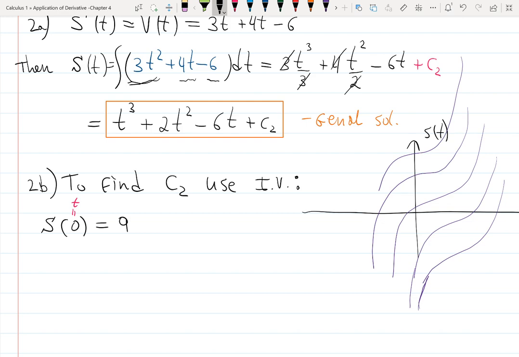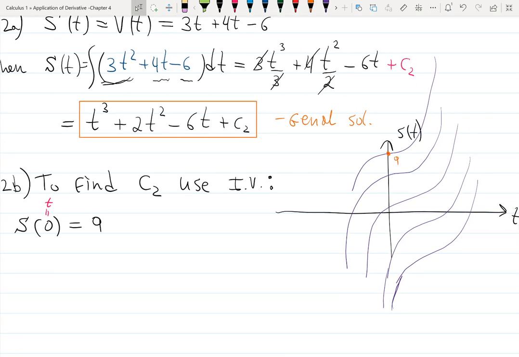That's the idea. So I can try to locate this point on my graph. At 0, I have a point, say it's over here, 9. So that's at t equals 0. The height is 9. That's how I know that this is the function I need to fix.